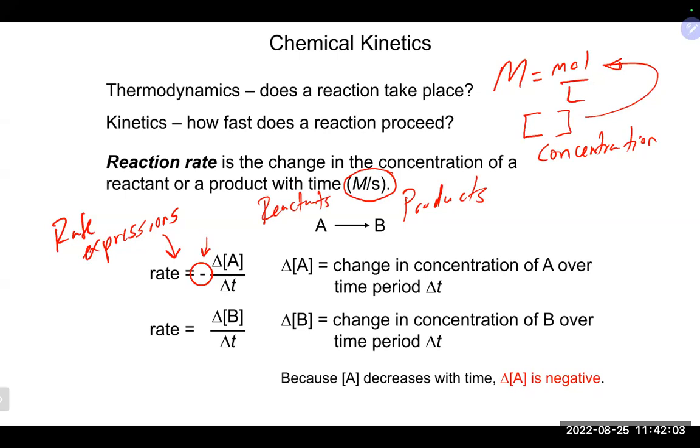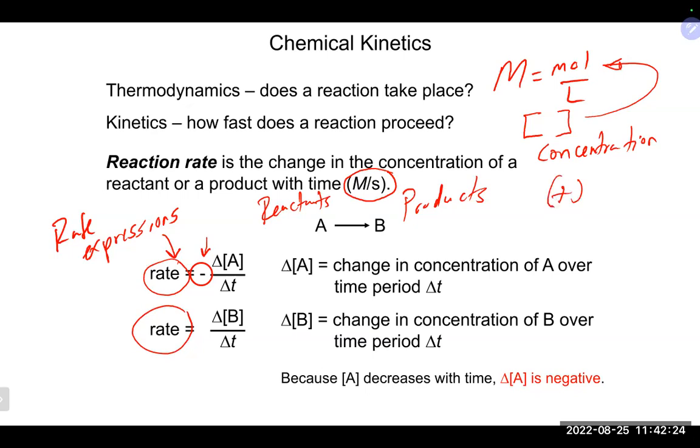Because the amount of reactants is decreasing with time, we represent that in the rate expression with a negative sign in front. The reason is that, typically speaking, when you calculate reaction rates, it should be a positive number.